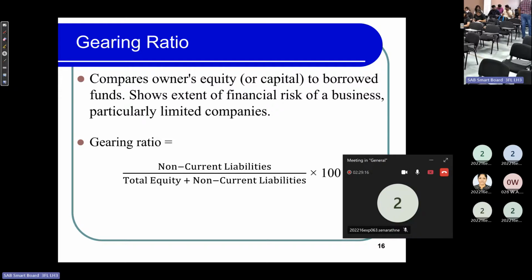Dividend per share, DPS. Dividend divided by number of ordinary shares.